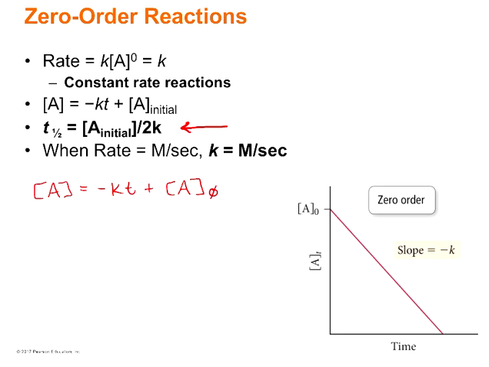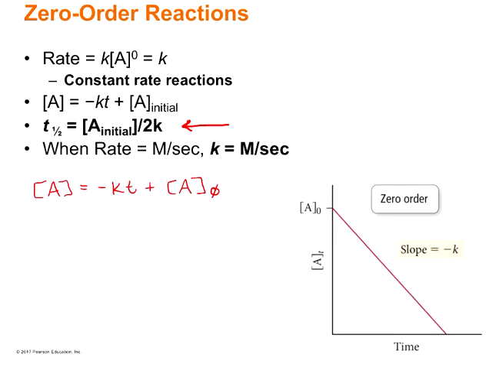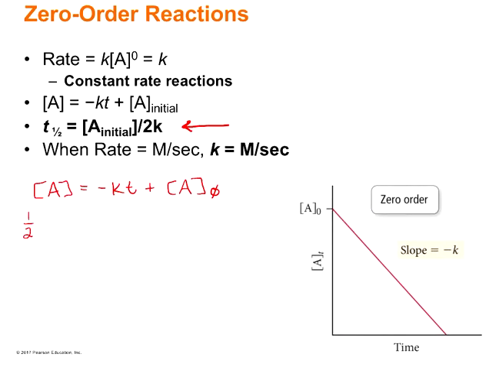And let's say that the concentration of A has decreased to half of its original concentration. So let's plug in 1/2 of the original concentration for A. And then we'll set that equal to negative K times T1/2 plus the concentration of A initially.